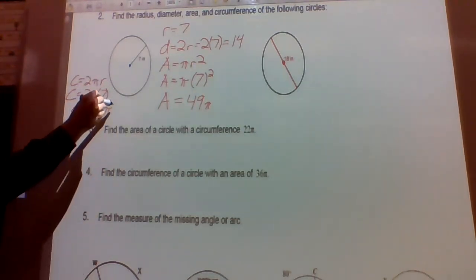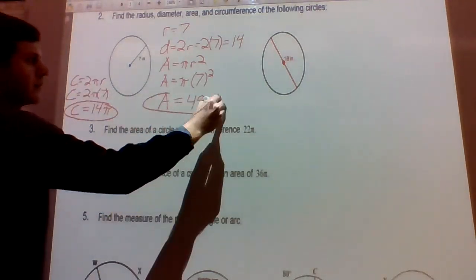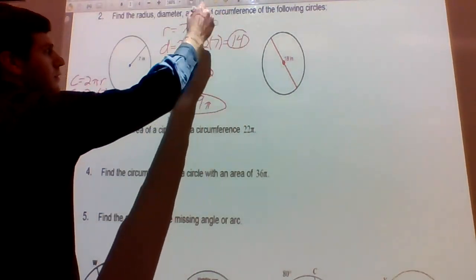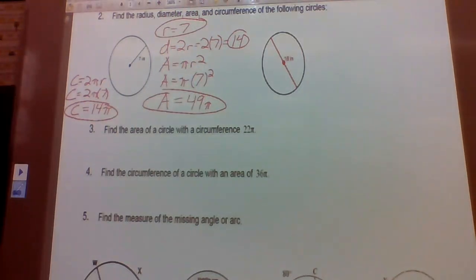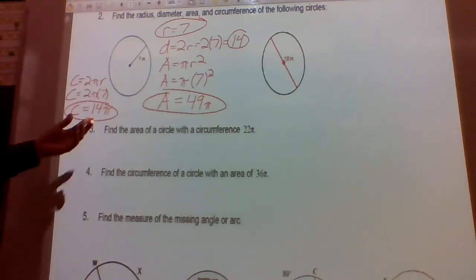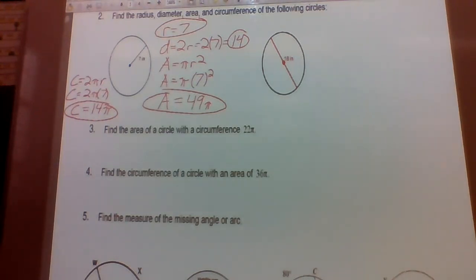So we're just given the radius of 7. We double it to get 14. Plug it into the area equation to get 49 pi. Plug it into the circumference equation to get 14 pi. You can leave it in terms of pi, or you can multiply it out and get a decimal.